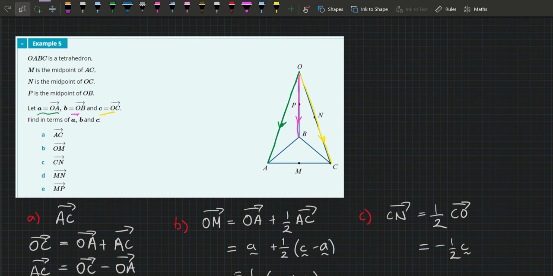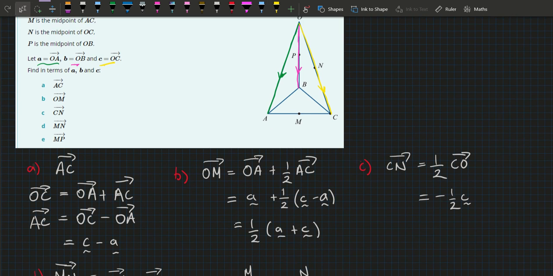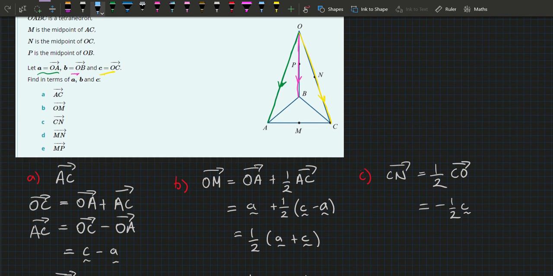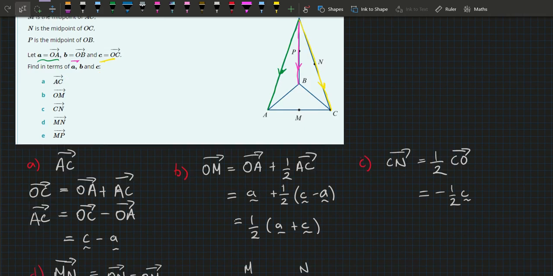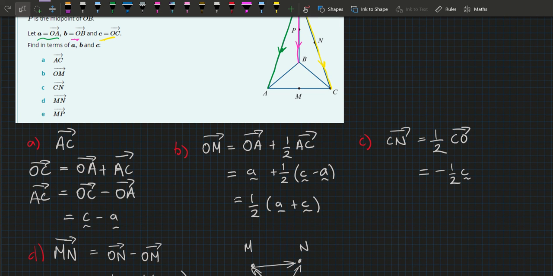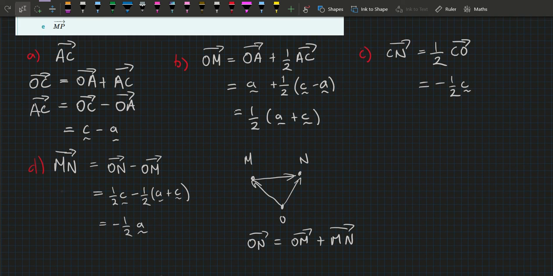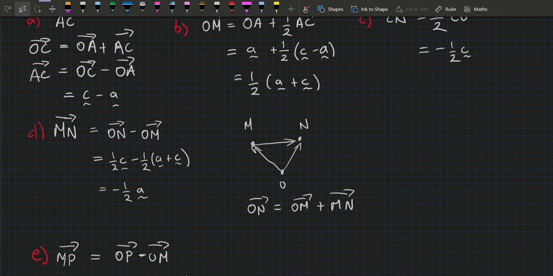And there's a really important fact here captured in part B about this midpoint here, M, because we knew what A was, green is A and yellow is C, so we know that M is the middle of them, and it's actually equal to what looks like the average of those two vectors. Okay, really important fact.